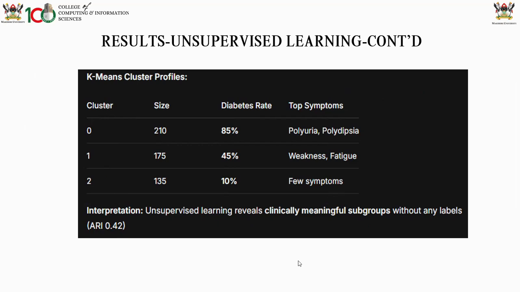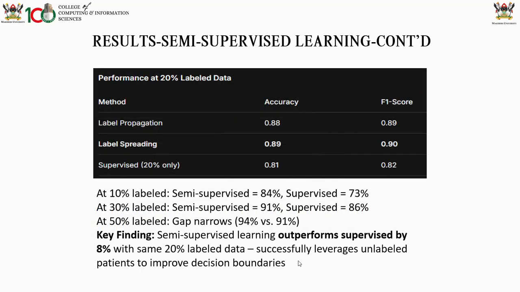Then with cluster 2, we see that there are basically few symptoms. And then what's the interpretation? Unsupervised learning reveals clinically meaningful subgroups without labels, with an ARI of 0.42. Then results of semi-supervised learning continued.